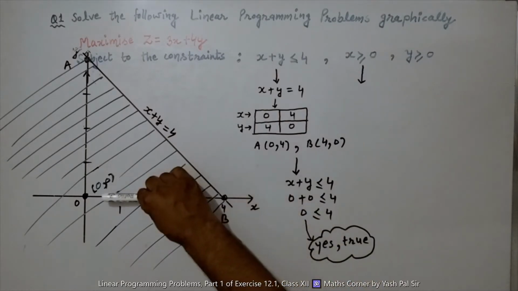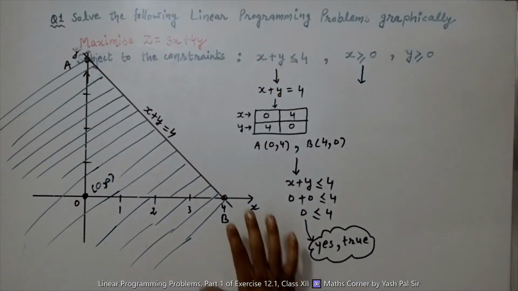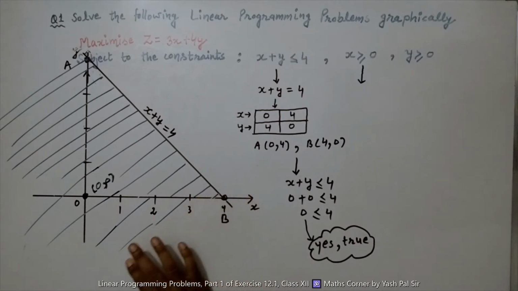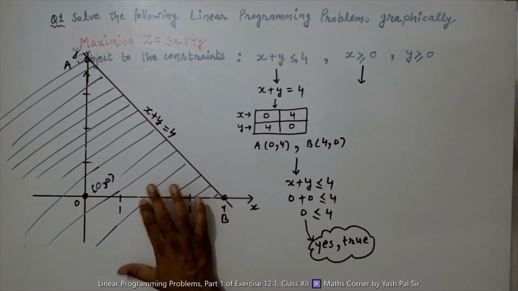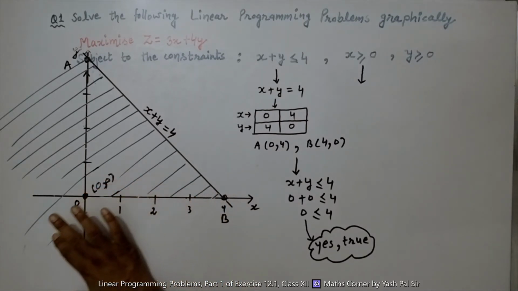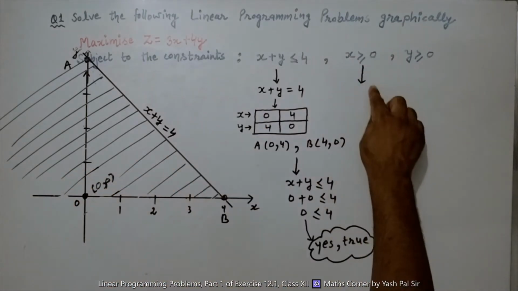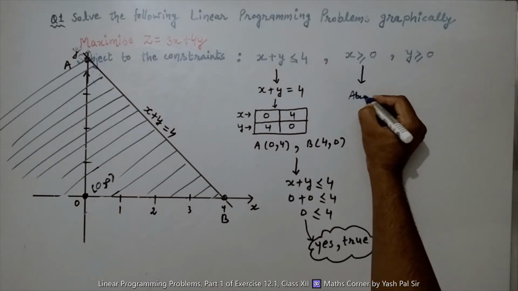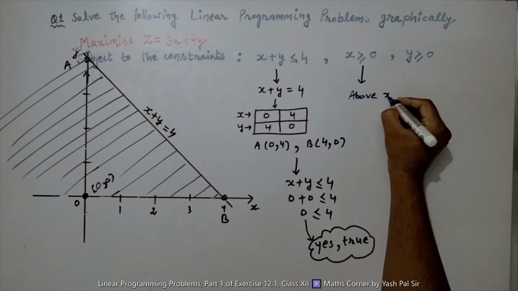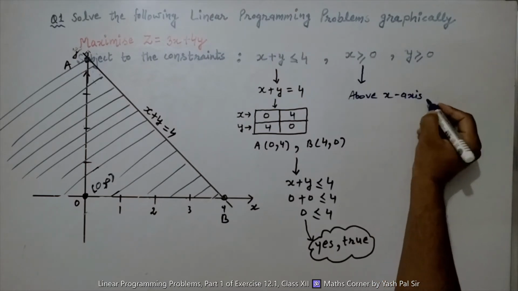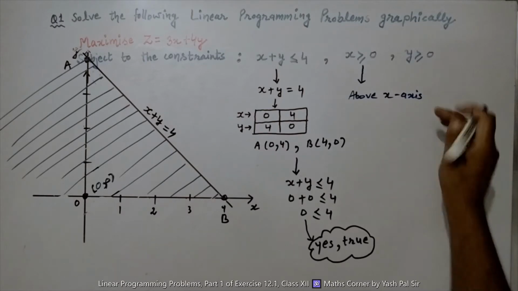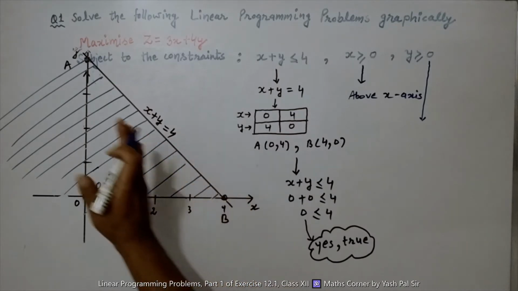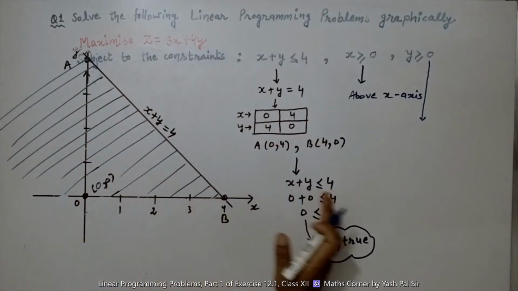Where is x greater than or equal to 0? Above the x-axis. So below the x-axis, the portion which was shaded, we are erasing, because of the second constraint, x greater than or equal to 0, meaning above the x-axis, right? The next constraint is y greater than or equal to 0.